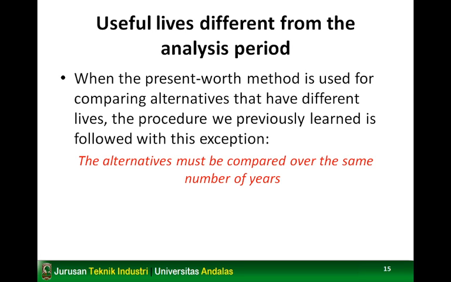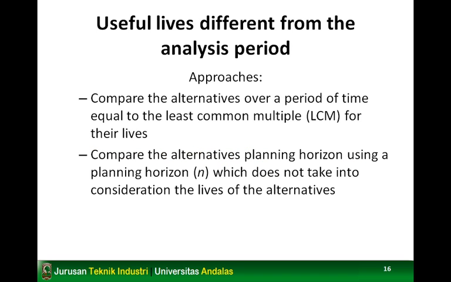So in performing the present worth analysis, when the lives of the alternatives are different, we must do the comparison over the same number of years. There are two things that we can do. Number one, compare the alternatives over a period of time equal to the least common multiple, or LCM, of their lives.